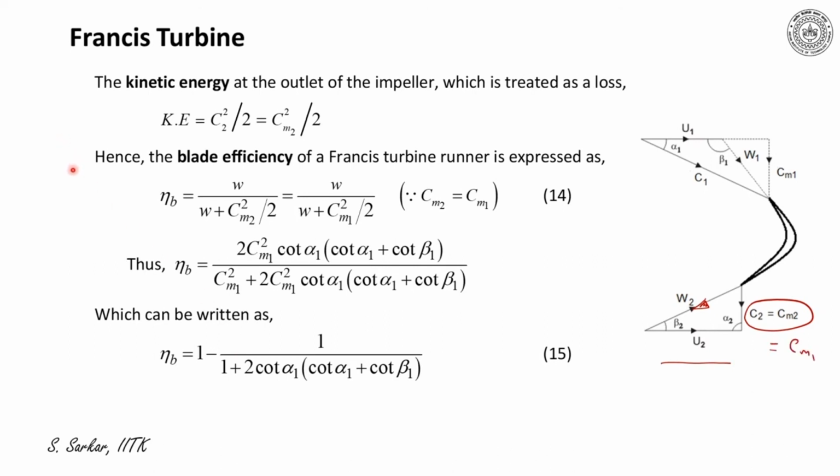Hence, the blade efficiency of a Francis turbine can be expressed as eta B is equal to small w, that is the specific work output, divided by small w plus Cm2 squared by 2. That can be expressed as small w divided by small w plus Cm1 squared by 2, since Cm2 equals Cm1.